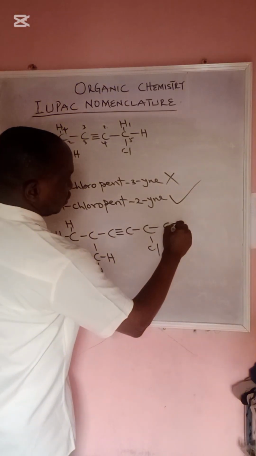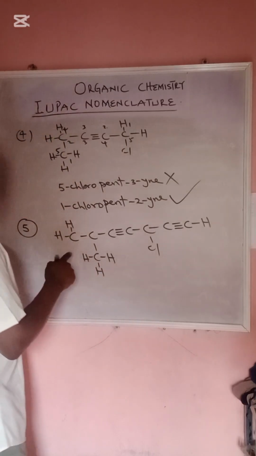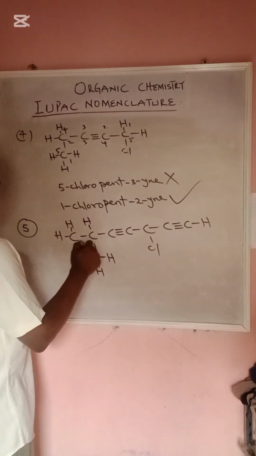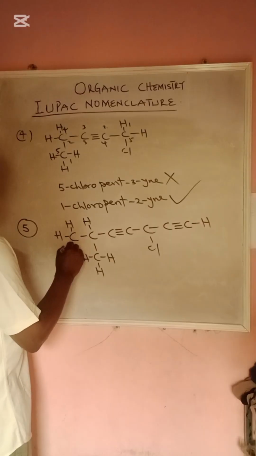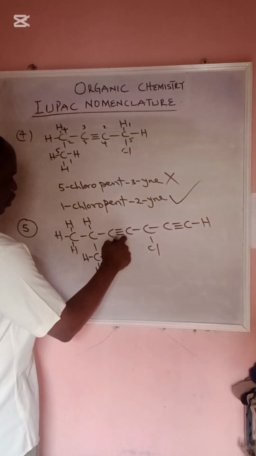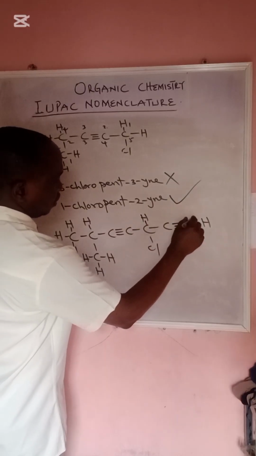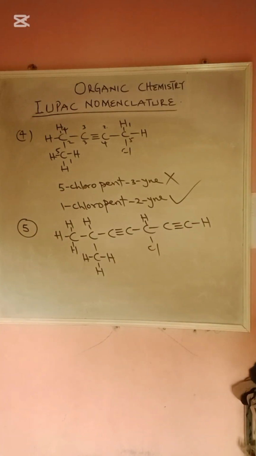Okay, let me make it longer. Hydrogen here, with 1, 2, 3, 4 on each carbon. That is what we have.